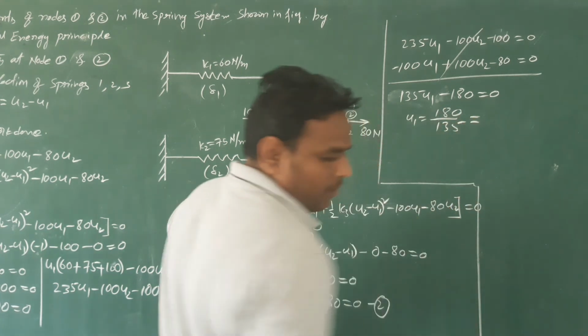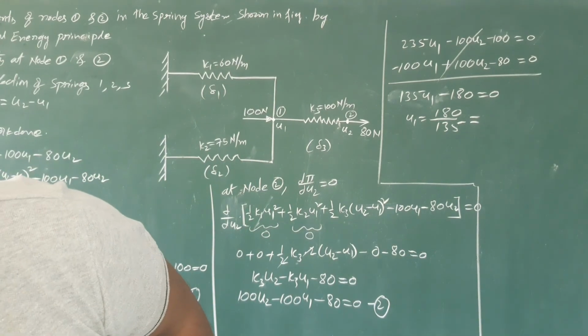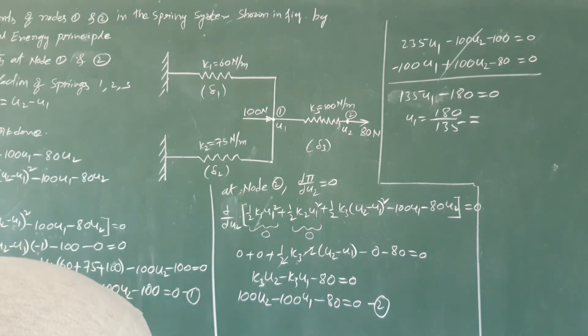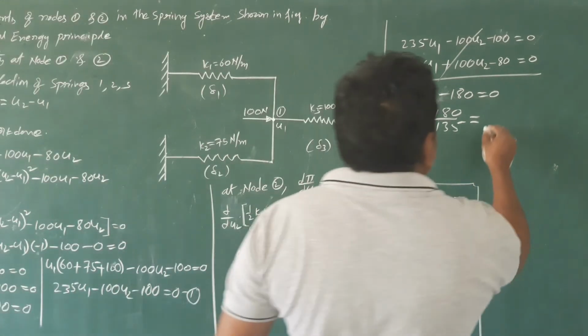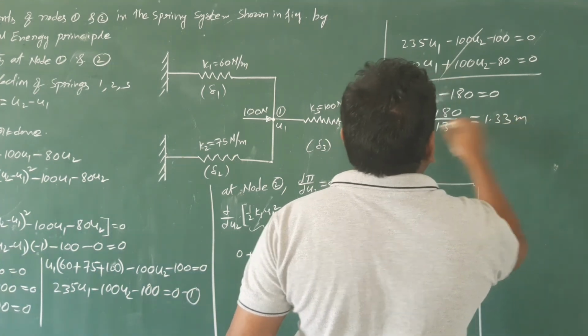So finally we got the u1 value. U1 value is 1.33 meters.